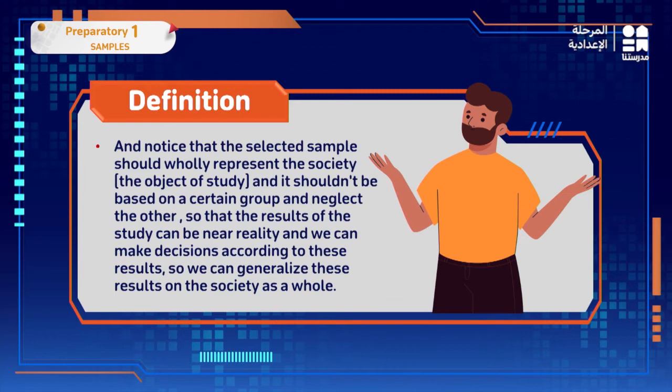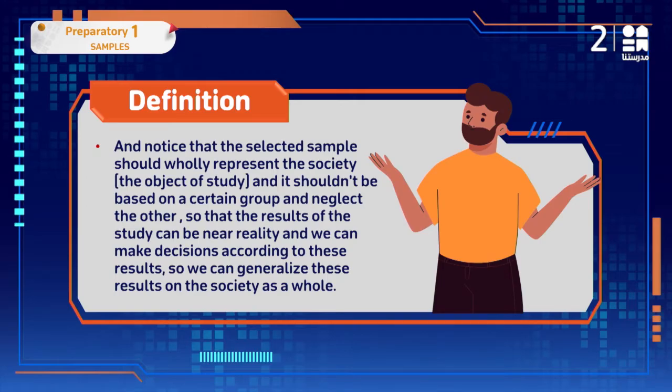Notice that the selected sample should wholly represent the society, the object of study. So for example, if we need to study anything in the society, I'm going to pick a small part from this society to study this property or this thing.